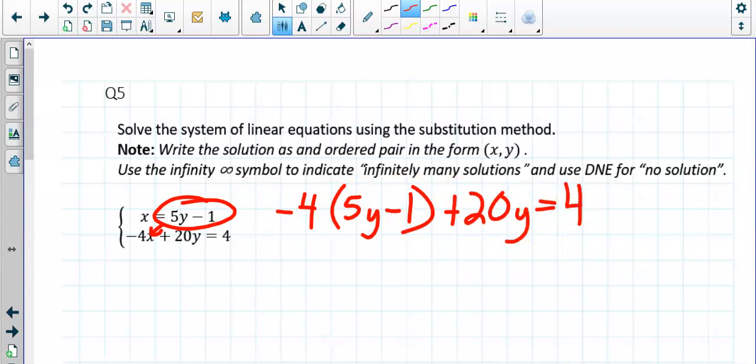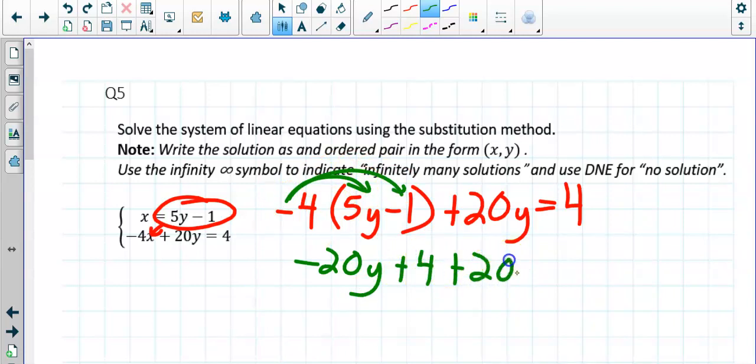4. Any questions so far about what happened? All we did was plug in, and now we're going to solve for what's left. We're going to figure out what the y variable is. So what is -4 times 5? -20. So -20y. What's -4 times -1? +4 plus 20y equal to 4.